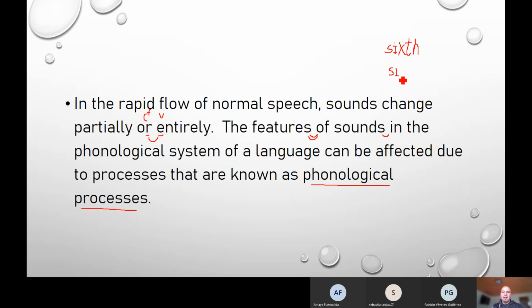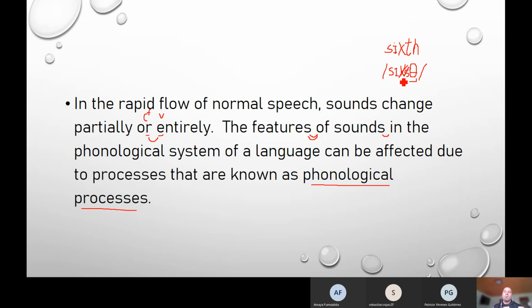It has many consonant sounds together. It's a cluster of consonant sounds. So sometimes we get rid of one. Sixth, sixth. Sometimes some people get rid of this one, sometimes people get rid of that one.